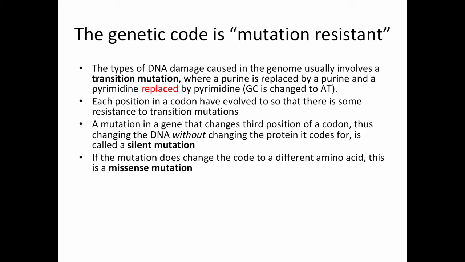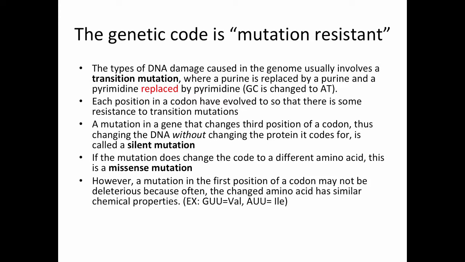So that would be a silent mutation. If a mutation changes the code to a different amino acid, this is a missense mutation. Typically, if you have a change in the first or second position of a codon, that's going to change the actual amino acid.